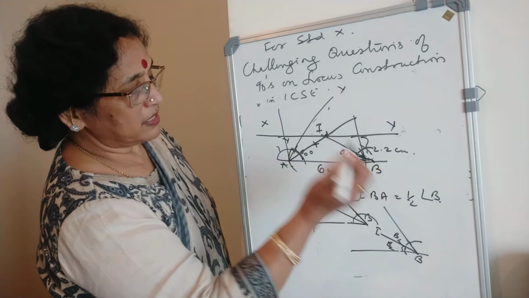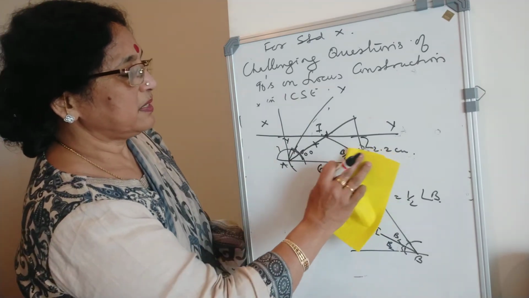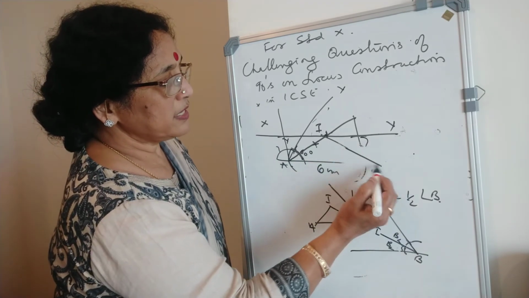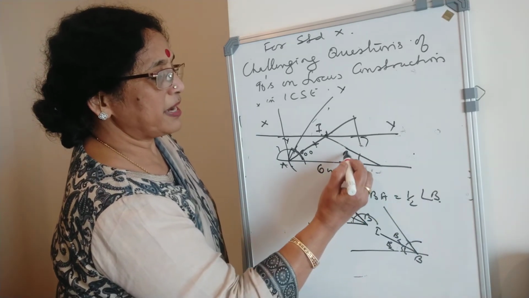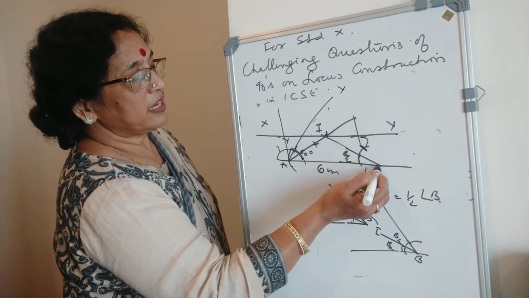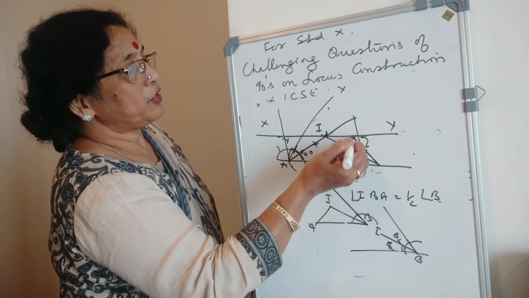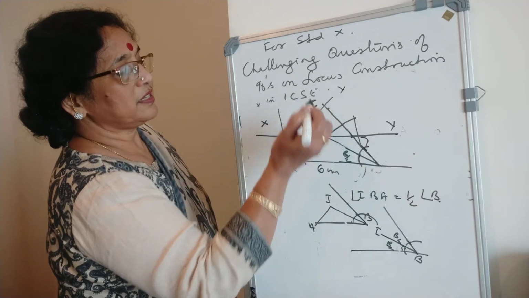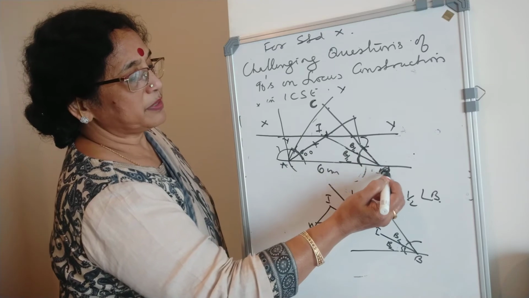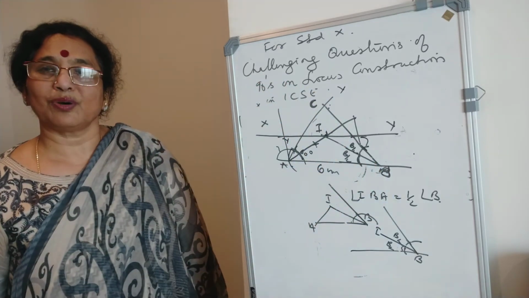I made the other half B on this. Let me rub it so that it doesn't look so confusing. So this was my B by 2. I'll extend the arc, copy this half angle here, join this, and produce it to AY, that is your C. So this is B by 2 and this is B by 2. This is B. That's how you get the third vertex.